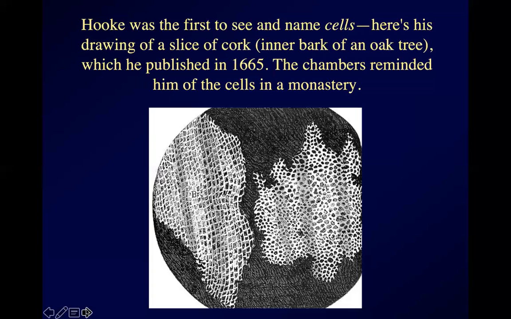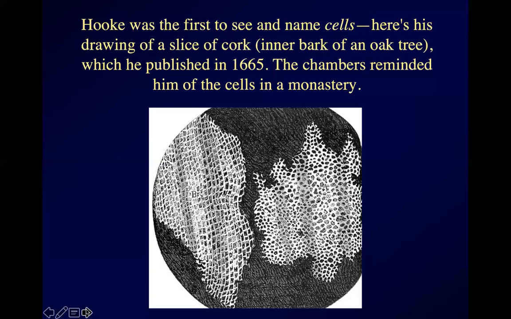And you'll notice that there's a lot of spaces in the plant tissue. This is one of those plant tissues that's dead when it's functional. The actual living part of the plant has died, and all that you have left are these empty spaces, which are why cork floats, by the way. They're filled with air.